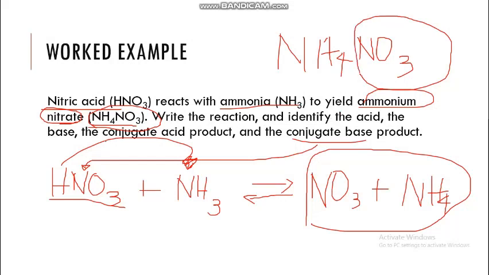Okay, so the conjugate acid of our base is NH4. So, yun yung kung paano i-identify ang mga reactants and the products. Okay, so acid is to conjugate base, and base is to conjugate acid.